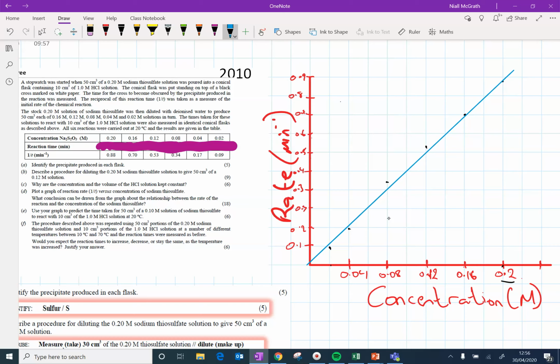You get points for plotting your points, for your axes, and for the actual drawing of your line as well. And what conclusion can be drawn from the graph about the relationship between the rate of reaction and the concentration? Because it's a linear graph, a straight line, we can say that they are directly proportional.